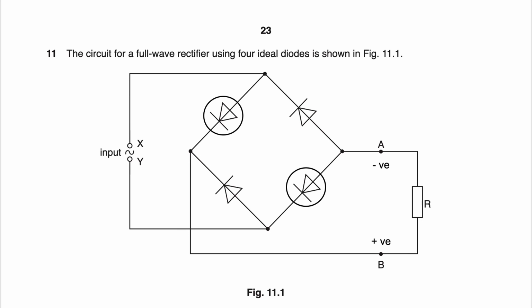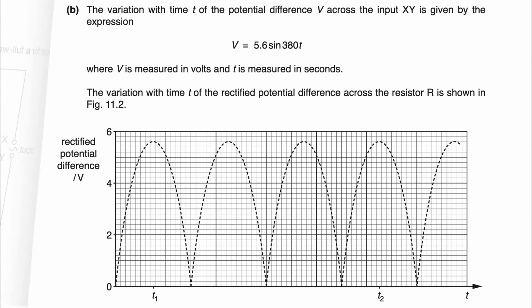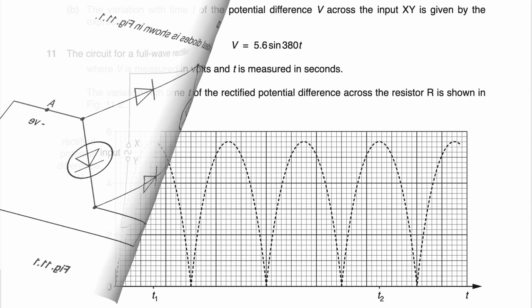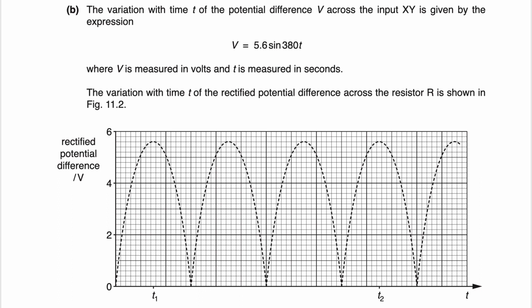Okay, but the next page. The variation with time t of the potential difference V across the input XY is given by the expression V equal to 5.6 sine 380t.